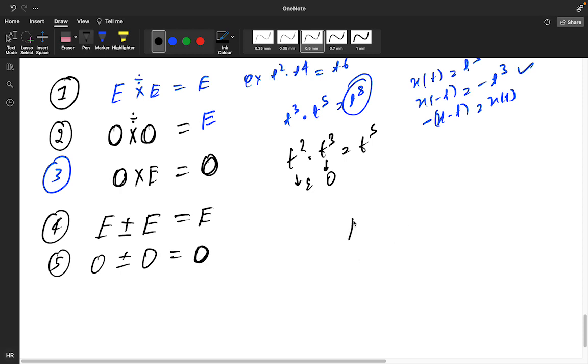What about even plus or minus odd? It will be neither even nor odd. It is the combination of both.